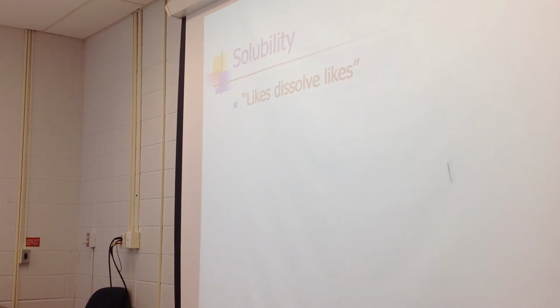Okay? So the real key to whether you can predict whether a solution is going to form or not is, can they form the same kind or similar kinds of interparticle forces with each other? And if they can, yes. If they can't, no. Just that simple.